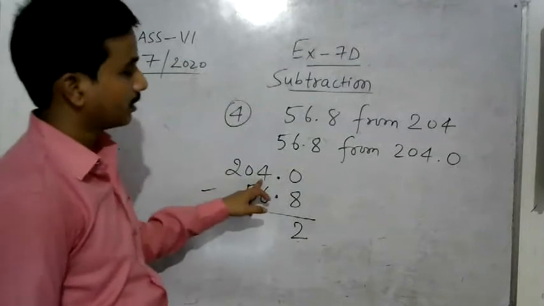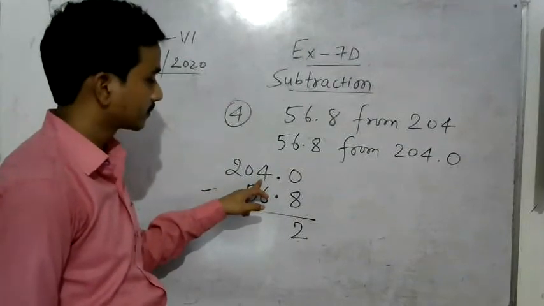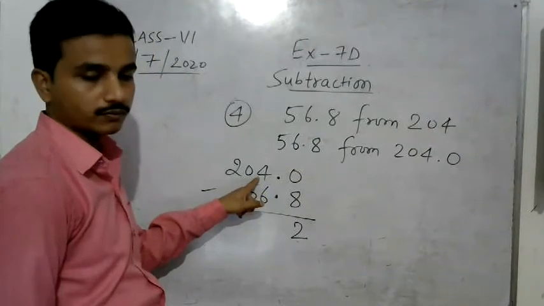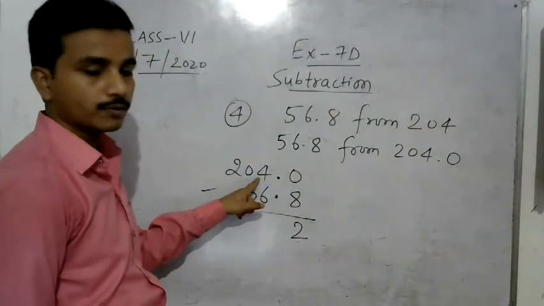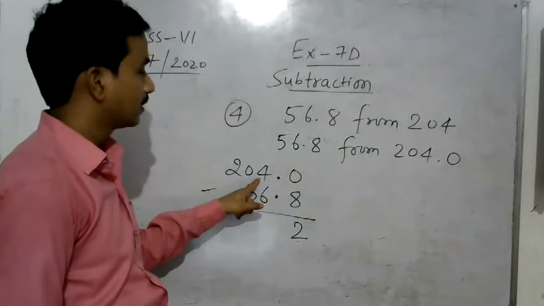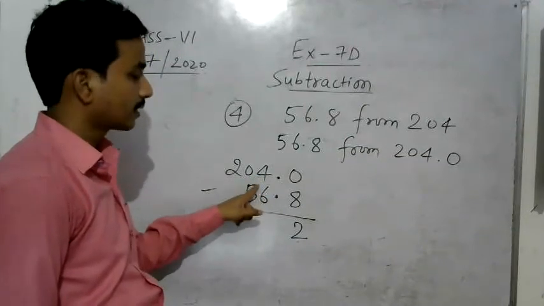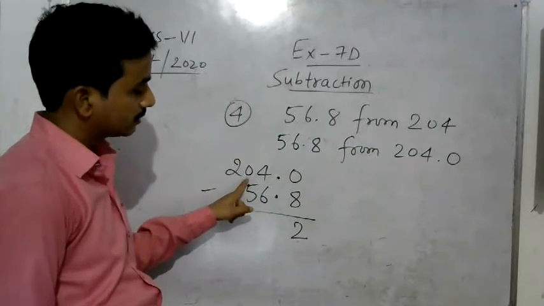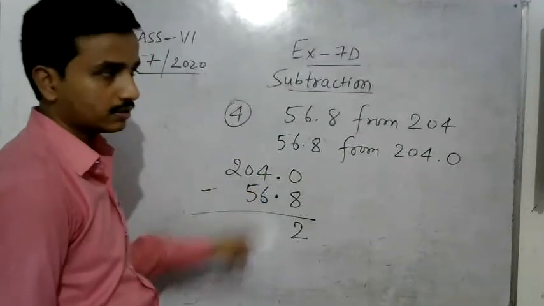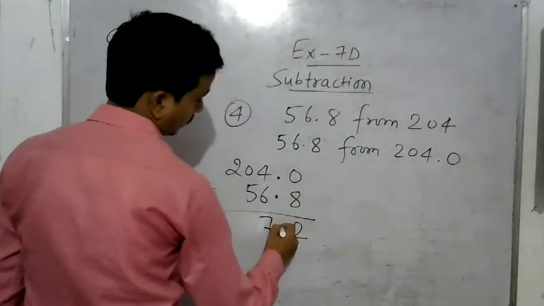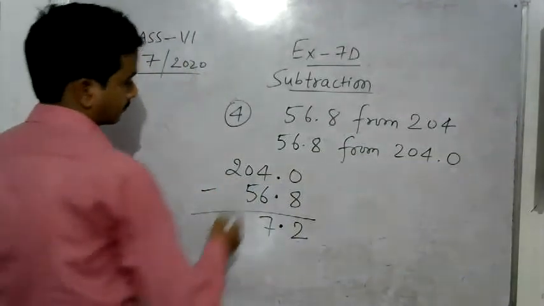Now, here you have taken one carry, so it will be reduced by 1. So here is 3, and 6 cannot be subtracted from 3. We will take one carry, now it will become 13, and 13 minus 6 is 7. And here you have to put a decimal point.